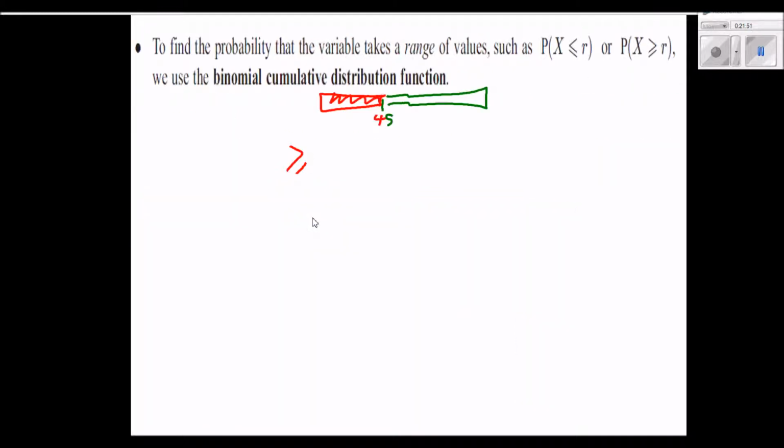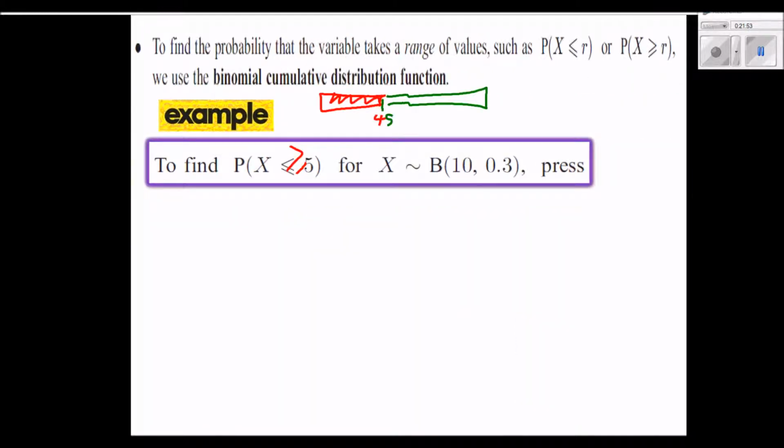But what about when you want to find the probability x is greater than or equal to, or less than or equal to, something. For x is binomially distributed with n is 10, probability of success is 0.3 and so on. So ignore this stuff up here. Because it's an accumulation of a number of different probabilities added together.